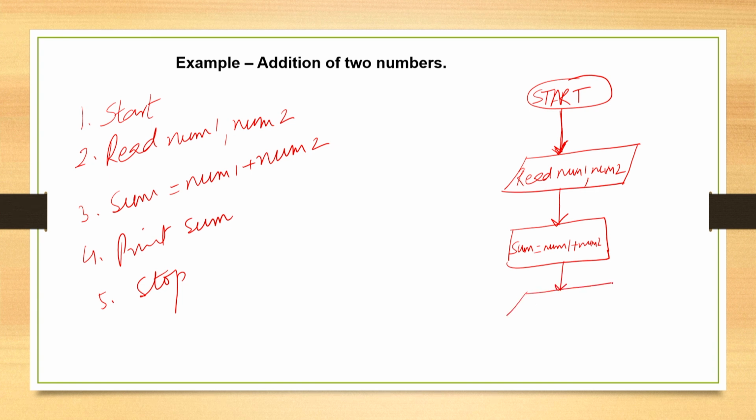So, for output we use this. So, you can write print sum and then finally stop. So, this is the algorithm for addition of two numbers and this is the flow chart for addition of two numbers.